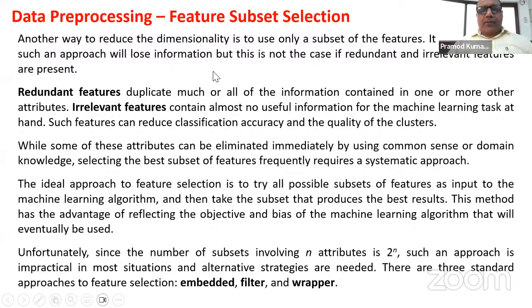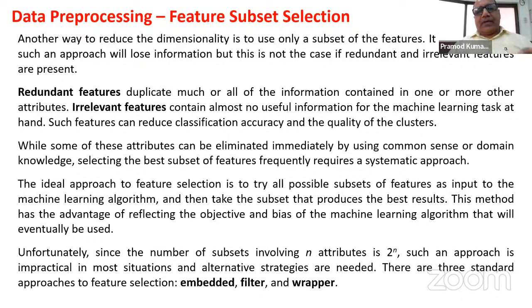Some of you obviously may think that if we are removing a few of the features, we are corrupting the data. Actually, we were discussing that we have to make the data more pure, but some of you may think that by eliminating a few of the features, we are corrupting the data. But actually it is not so. Why is it not so?